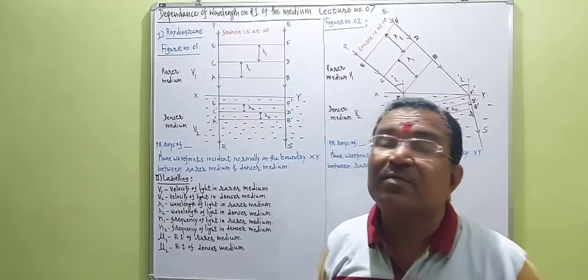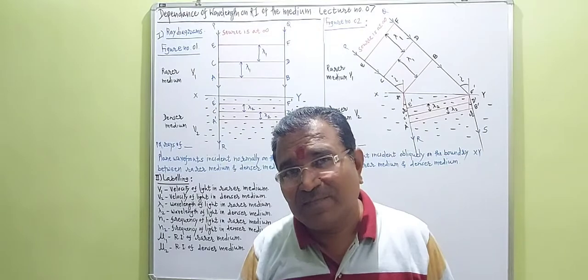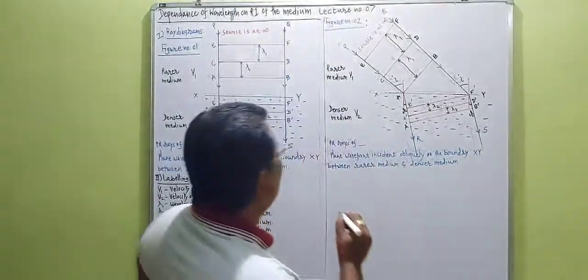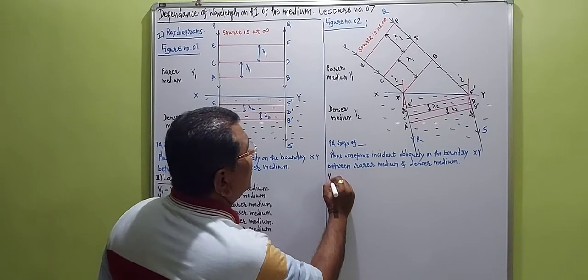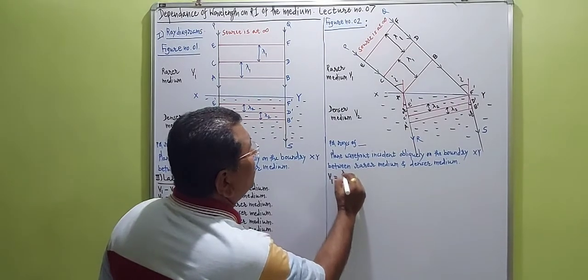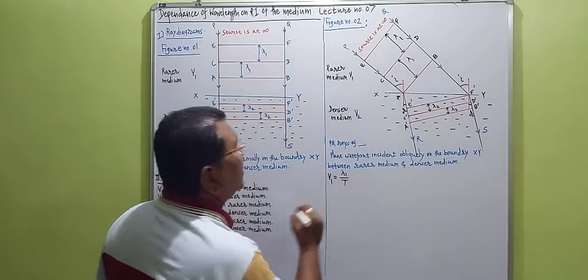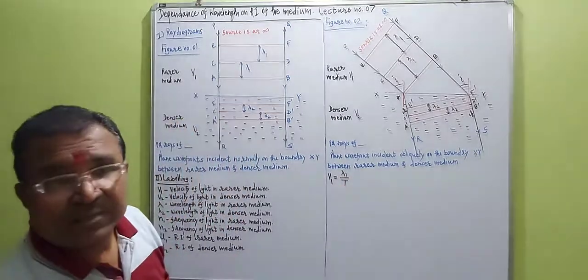So what is the calculation here? We know the velocity of light in the rarer medium, V1, is equal to lambda 1 upon capital T. What is capital T?